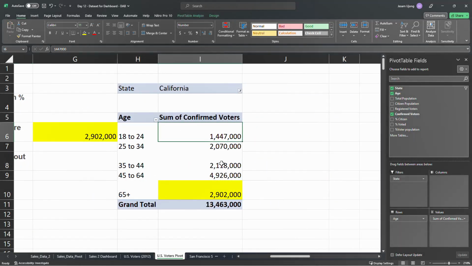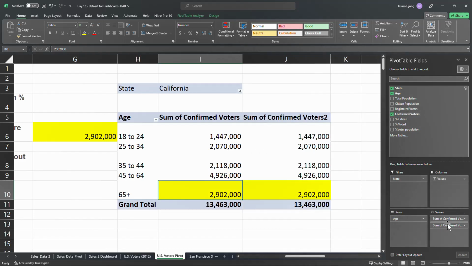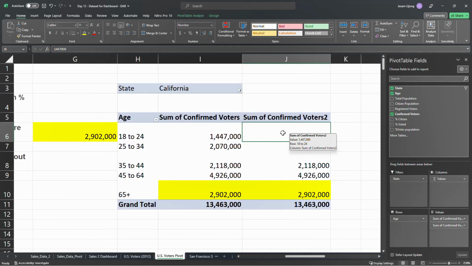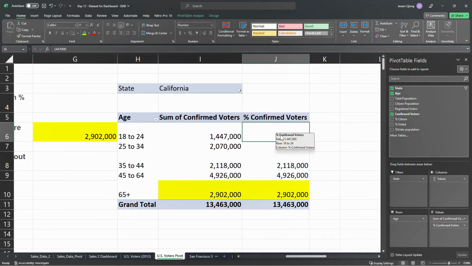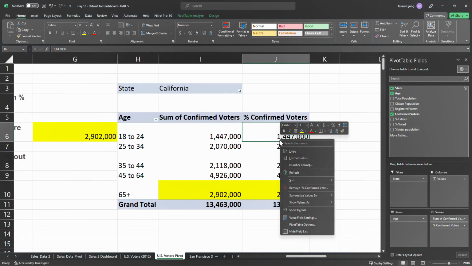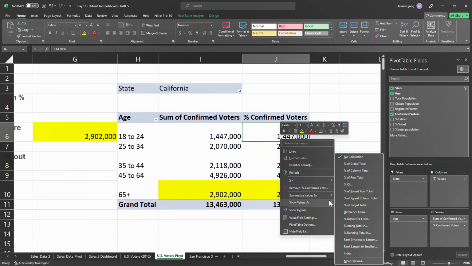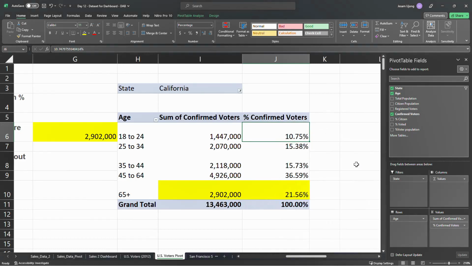So this is still on the CA filter, right? And I want to see what percentage of this is the total. I'll just put confirmed voters again in values, and for this other one, maybe I'll put percentage confirmed voters. For this second input, I would right click and show value as percentage of grand total, or percentage of column total, same thing.